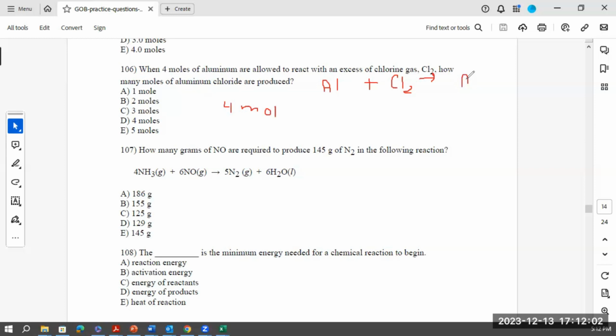AlCl3. That's right. Because we know that Cl is going to have a -1 charge, and aluminum is going to have a +3 charge. So that's going to be our chemical compound. Is it balanced? No. What do I need to do to balance it?